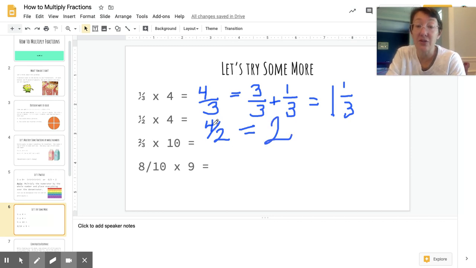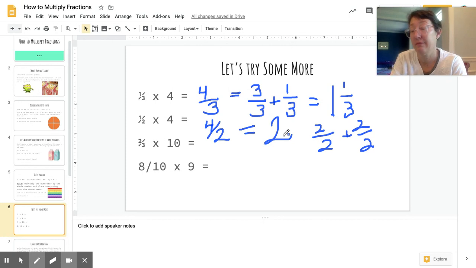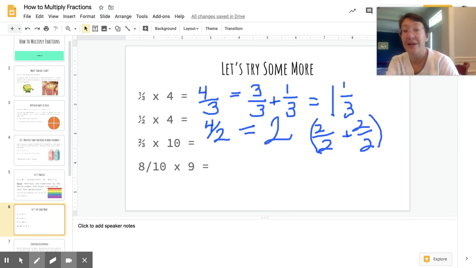And the reason that's right is because I could do 2/2, which equals 1 whole, plus another 2/2, which equals another whole. And so 1 plus 1 is 2. That's why that works. If you missed this when we were adding and subtracting fractions and mixed numbers, this is another review, because you need it to be able to multiply fractions.